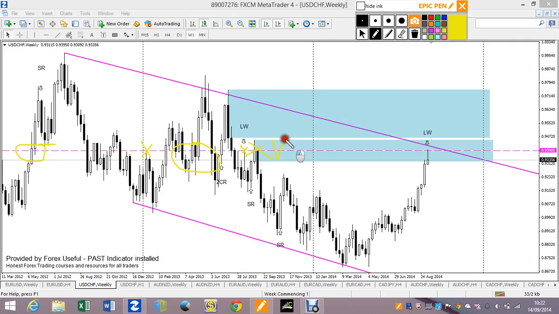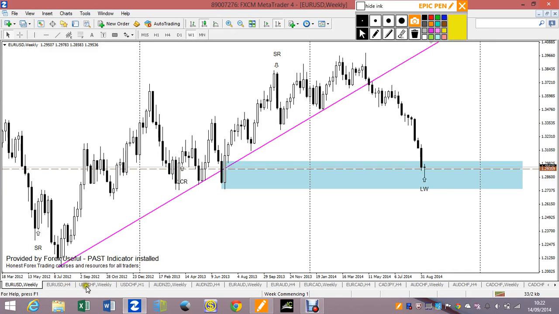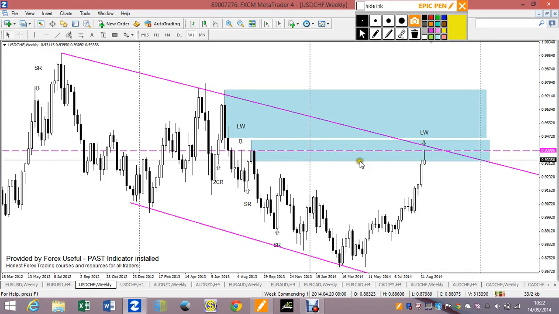The zone that I've marked in blue here is where this last down move began. A nicely formed pin candle here, past chart indicator has also highlighted it. So of the two, between euro dollar and dollar Swiss, I think I like the dollar Swiss setup better.